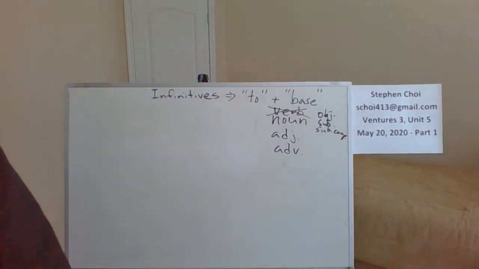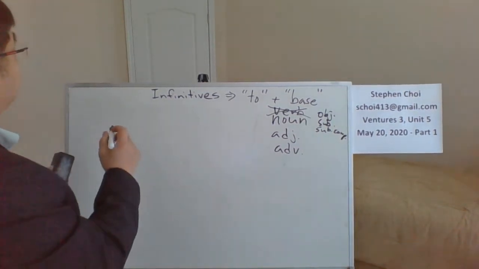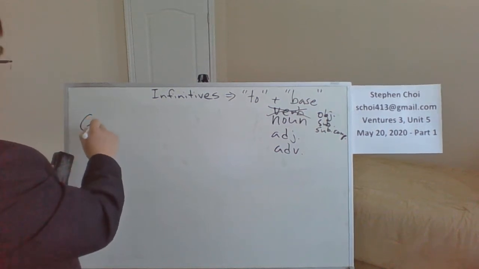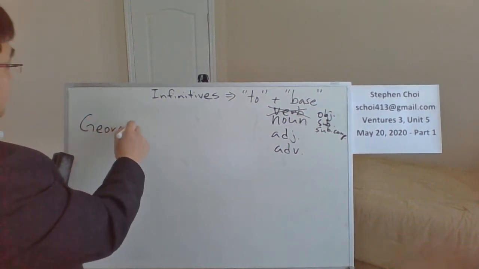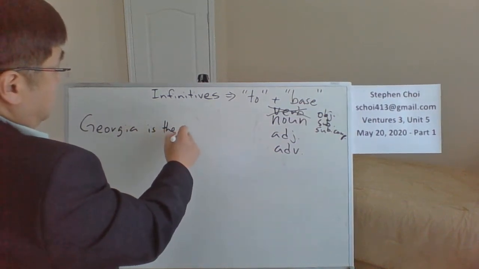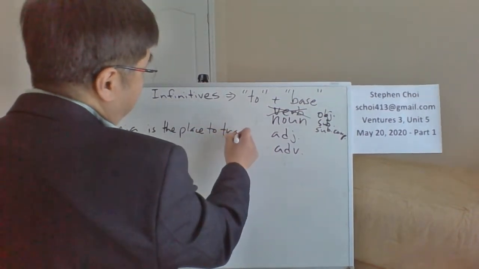For an adjective, you could say something like, okay, let's say we live in Georgia. So, Georgia is the place to travel. Okay, we've been using the word travel.